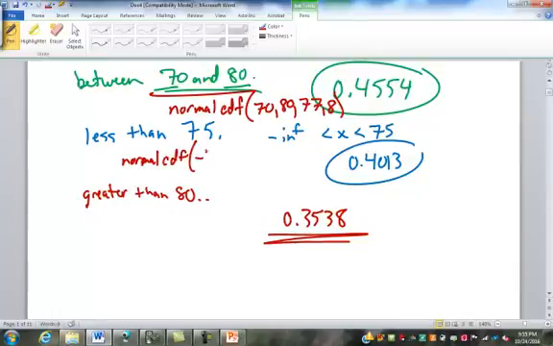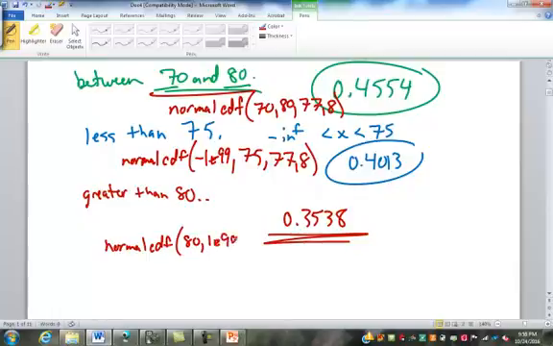It was negative infinity, -1, E99, so I put in negative infinity. Our upper limit was 75, mean is 77, standard deviation of 8. Greater than, normal CDF. The 80 is now our lower limit. Our upper limit is now positive infinity, so 1 E99. Mean is 77, standard deviation of 8.